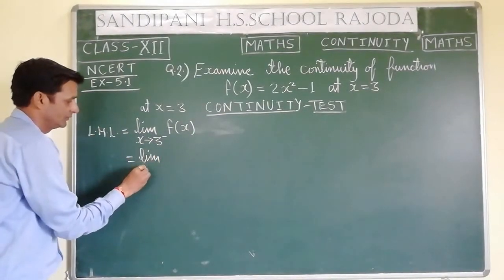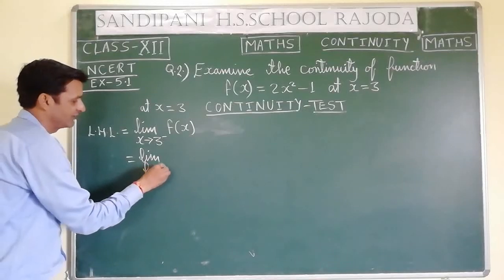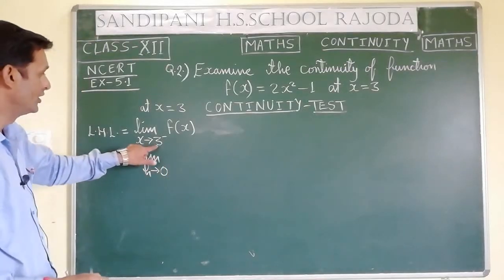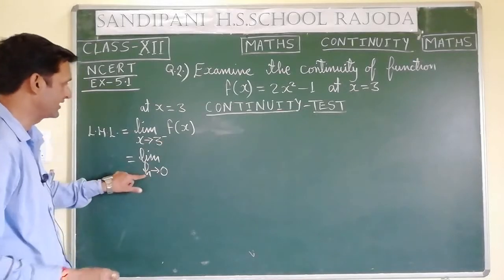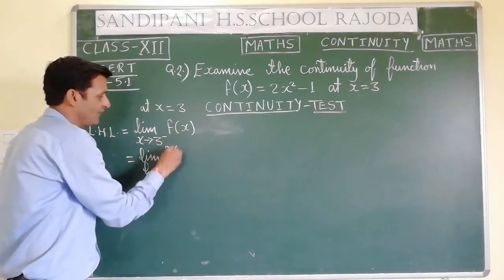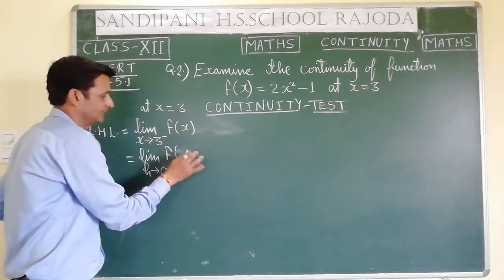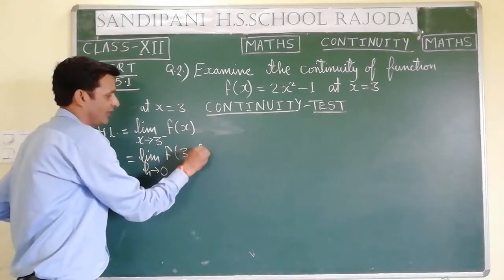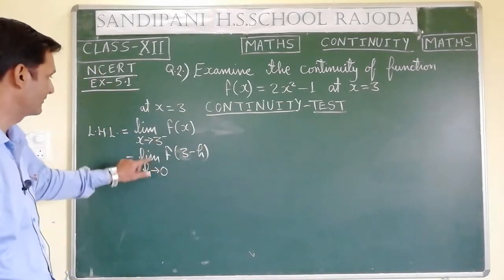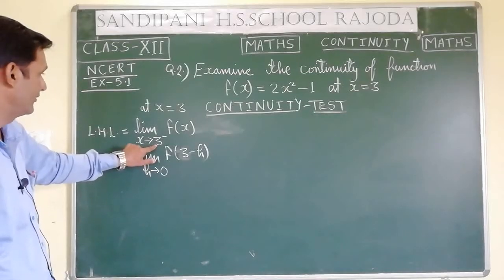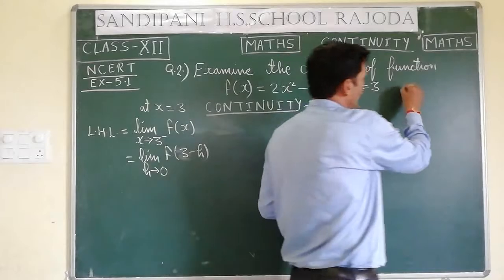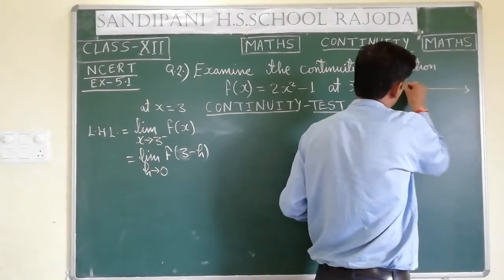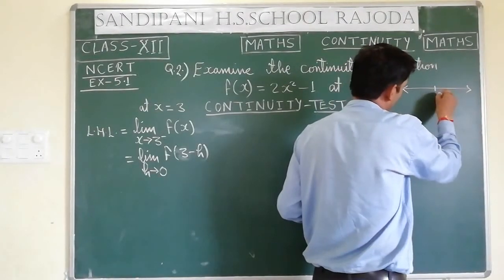x tends to... h tends to 0. If we change the limit here, h tends to 0, then we have to assign here 3 minus h in place of x, because we are checking it on the left hand side. I have told you yesterday on a number line that this is a particular point.